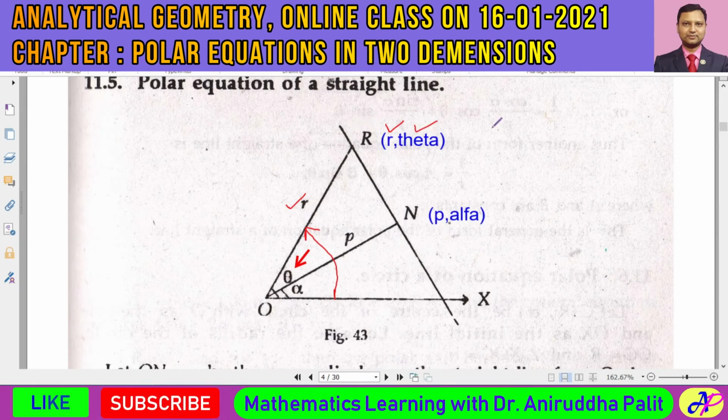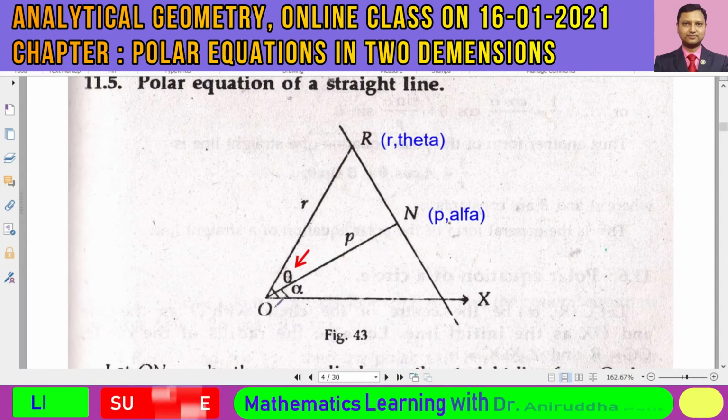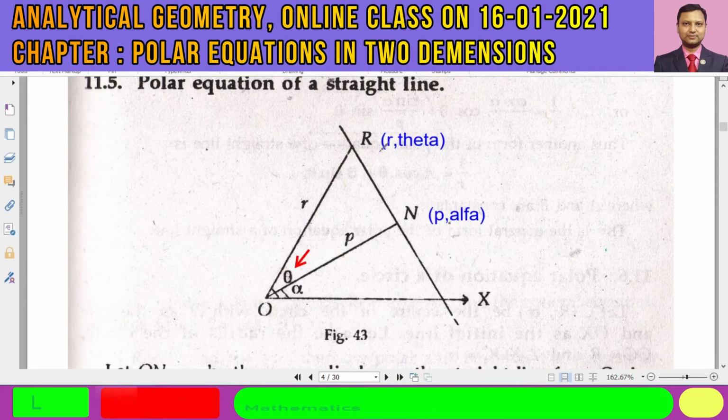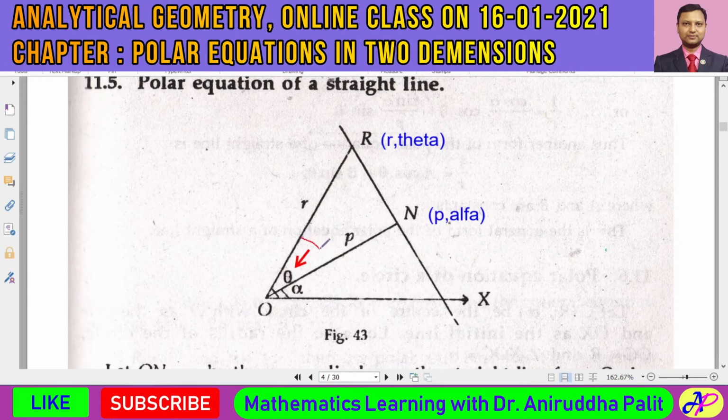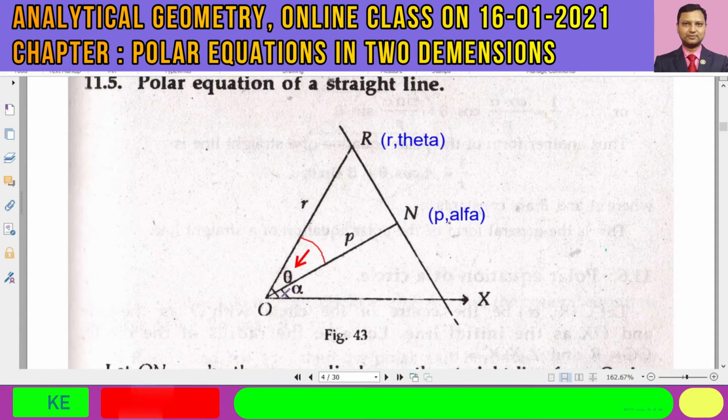Now, as this is a perpendicular line, this angle is equal to 90 degrees. Therefore, consider the triangle ONR with respect to the angle PON.